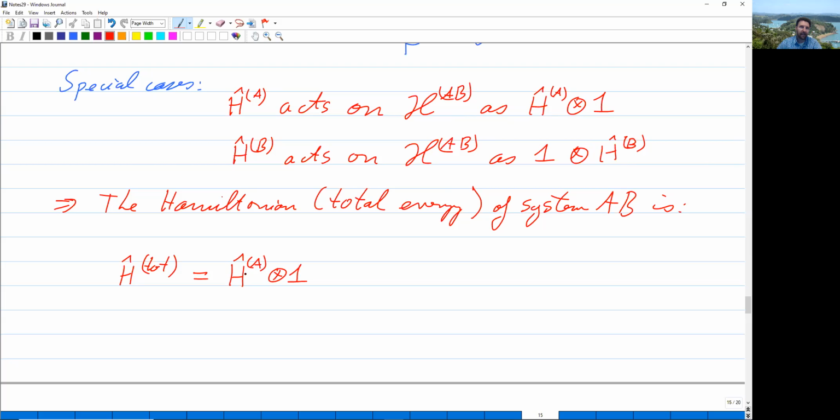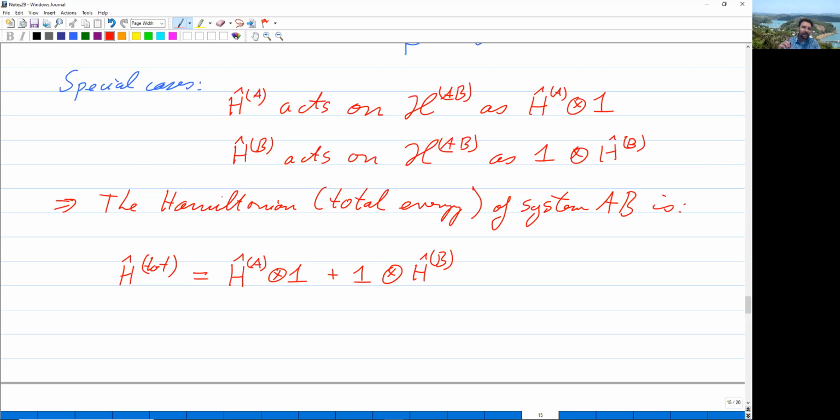It's HA, it's the energy that comes from the first subsystem, plus the energy that comes from the second subsystem. Well, this far it's correct if the two subsystems have nothing to do with each other. If they're very far apart from each other, then that's all. Then this is the total energy. This is the total Hamiltonian, simply because the energy of one system plus the energy of the second system is the energy of the total system. So it's a no-brainer to just add up the energies.